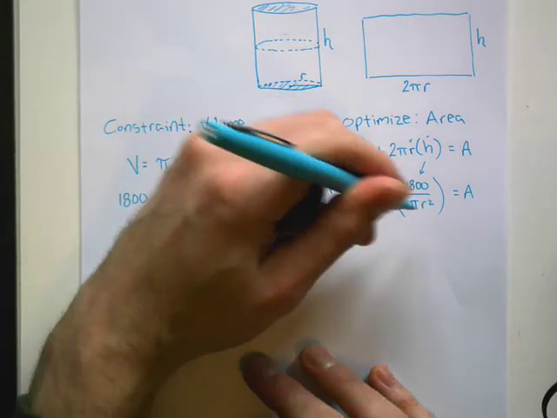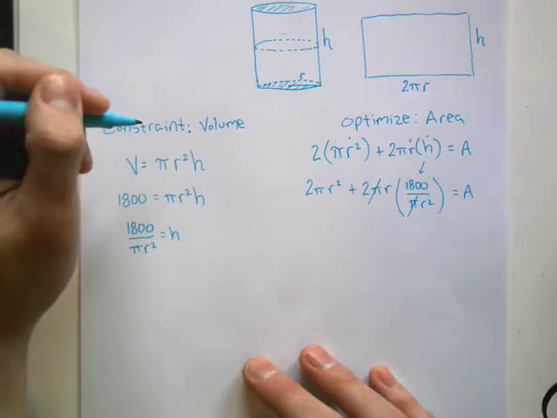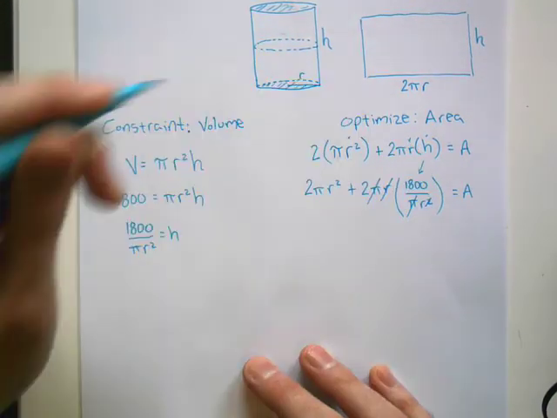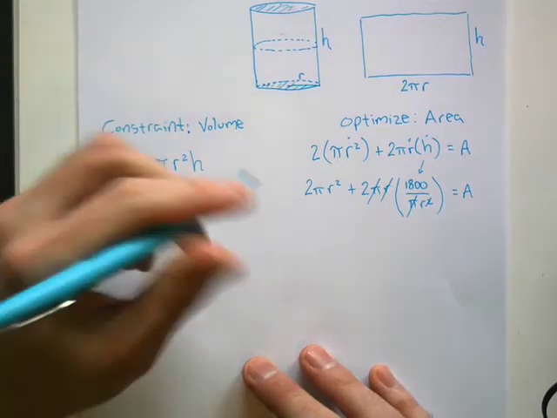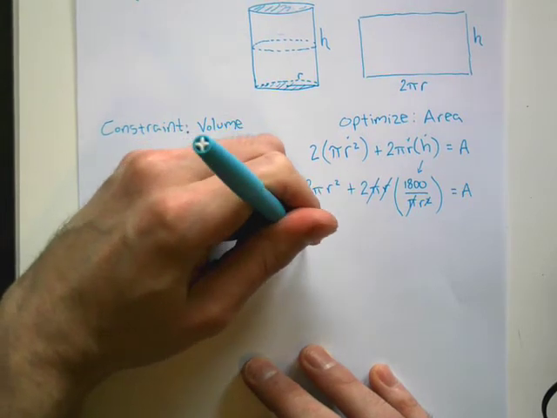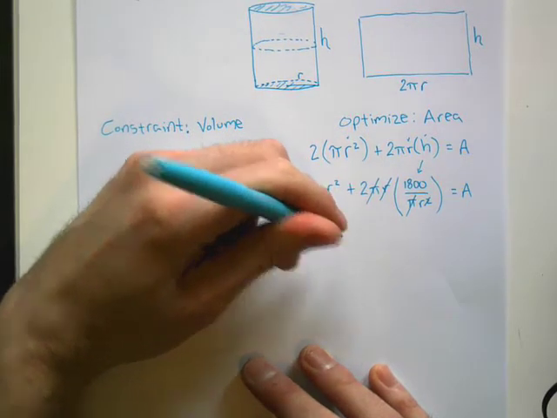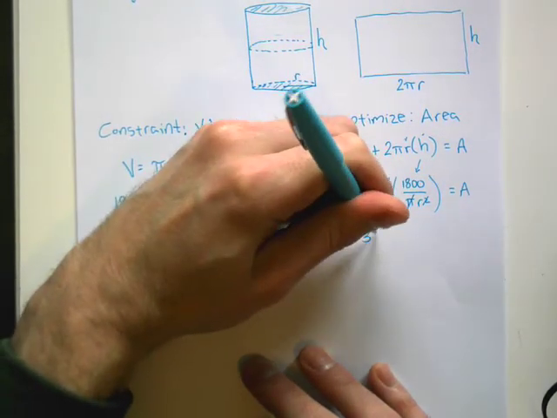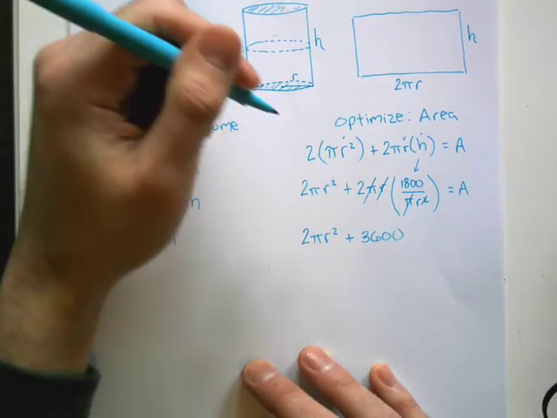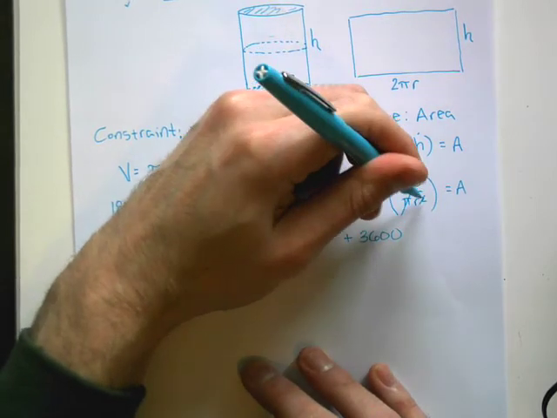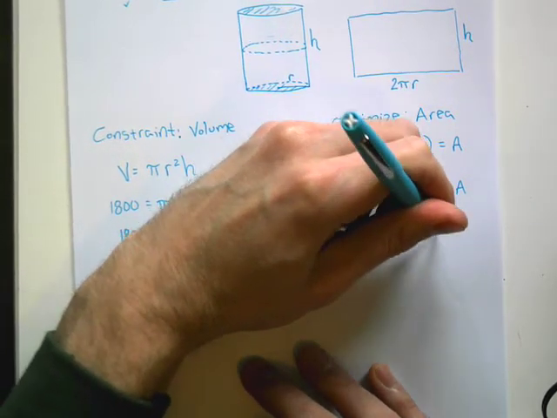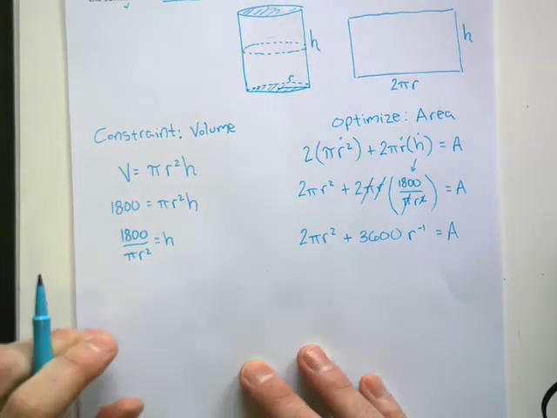So I can take away this pi and this pi, and also one of these r's and one of these r's. So if I rewrite this, I've got 2 pi r squared plus, now I can multiply 2 times 1800, which is 3600, and I've got an r in the denominator. I had r to the first down here, but I'm going to write that as r to the negative 1 because that's going to help me when I take derivatives.